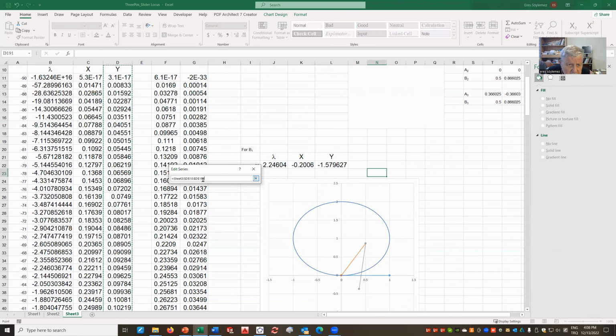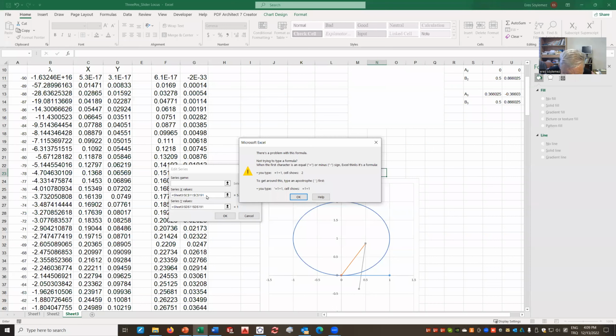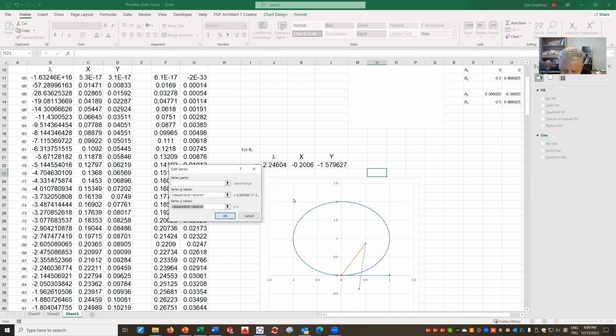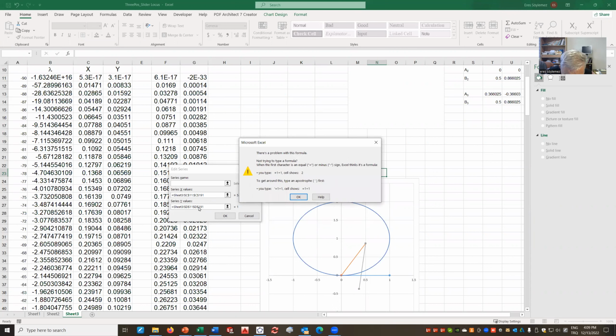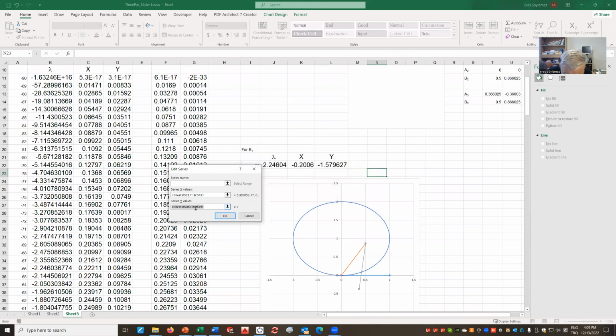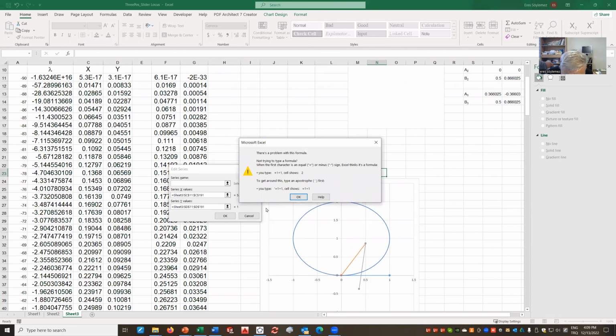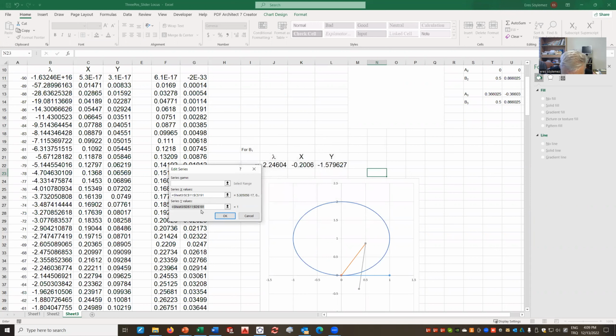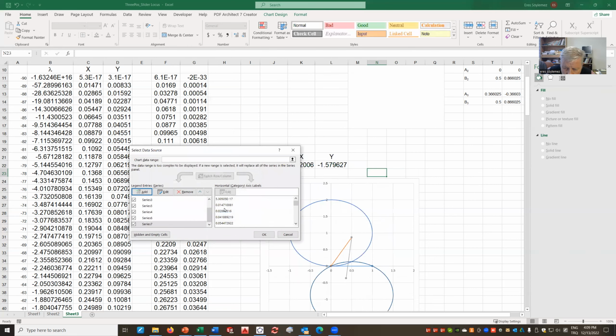D11, C11. D11. That separator should be okay.